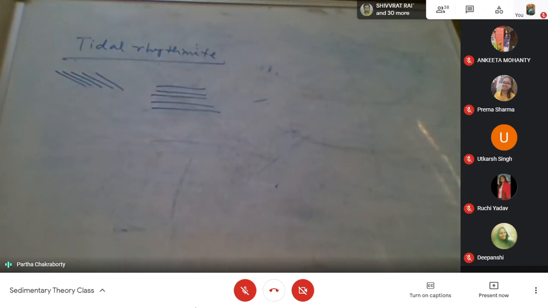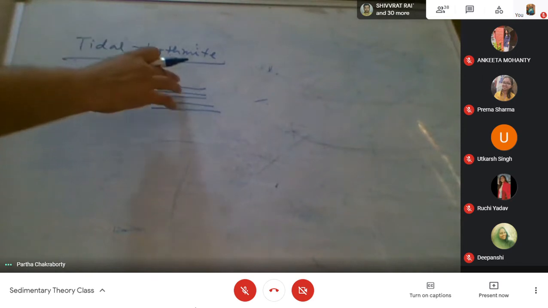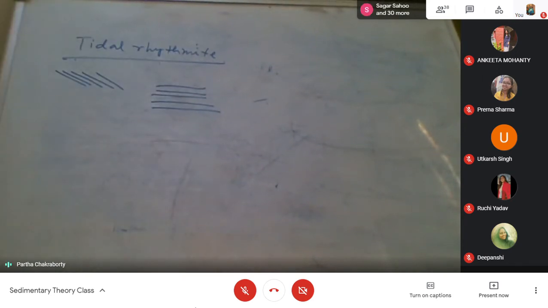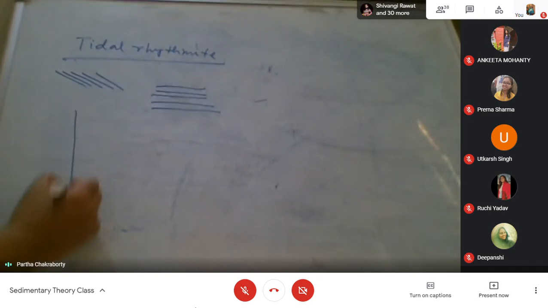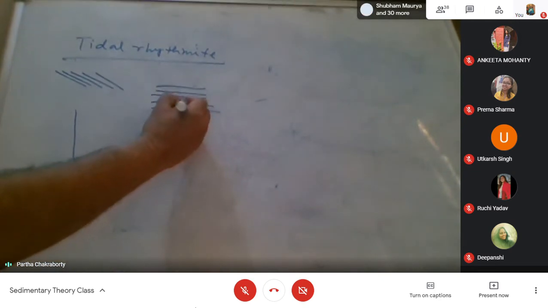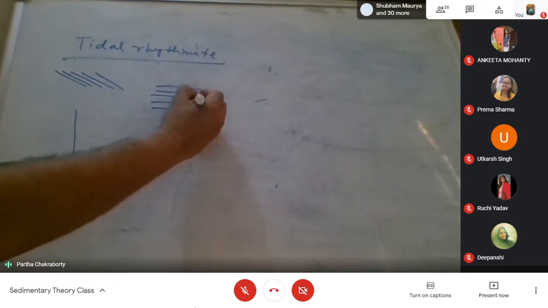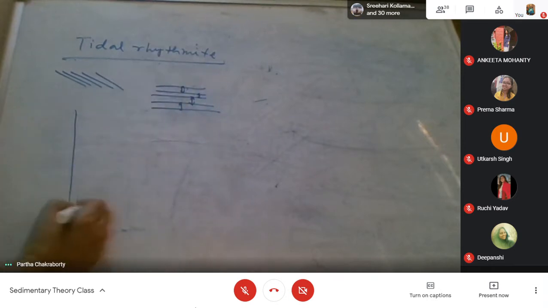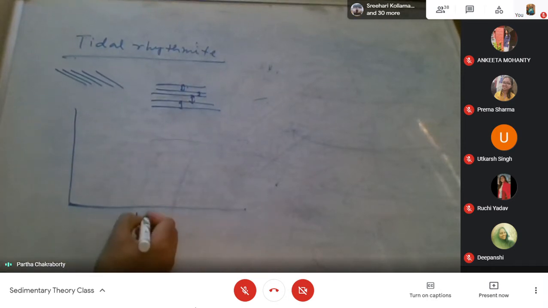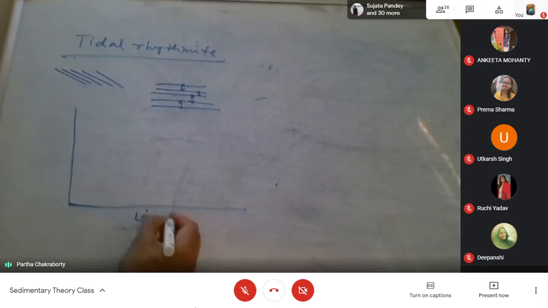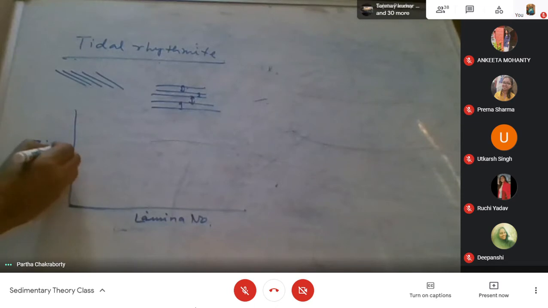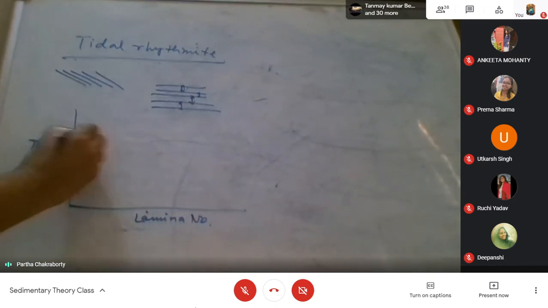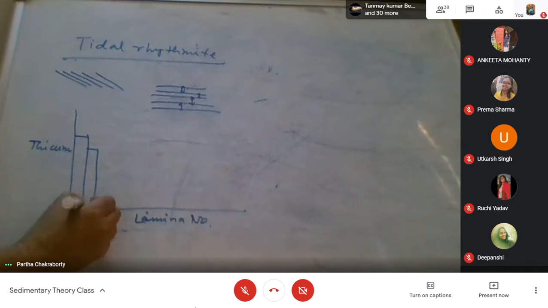All of this comes from the measurement of the lamina thickness and their plotting. If we go on measuring the lamina thickness of a tidal deposit, and then make a plot of lamina number and thickness.